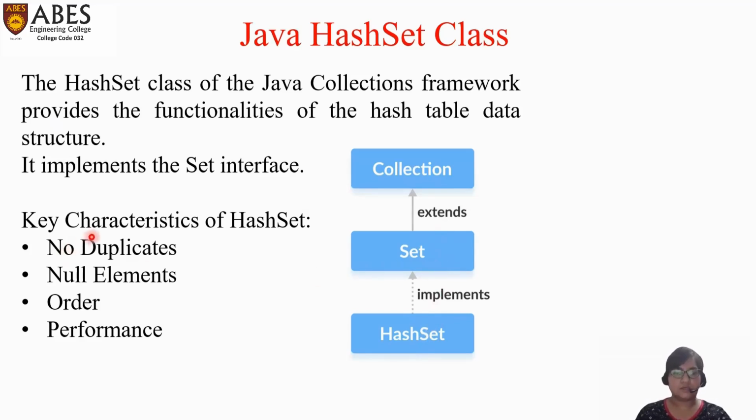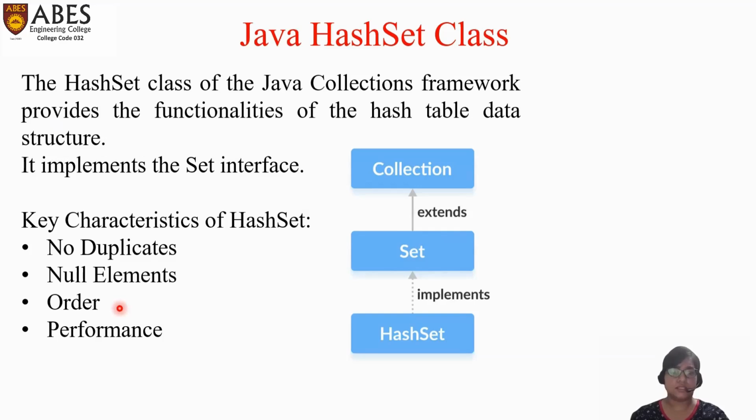Here are some key characteristics of HashSet. First, we have no duplicates. As this characteristic is also present in the set, it means that HashSet doesn't contain any duplicate value. Next, null elements: HashSet allows at most one null element in it. Next, we have order.